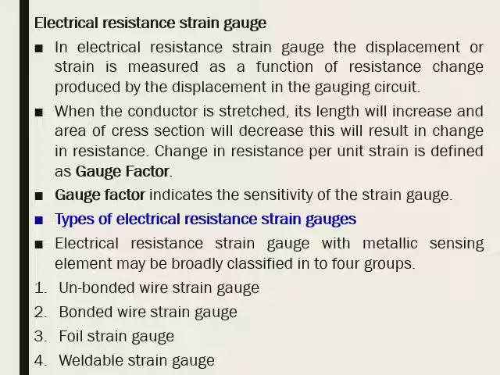Tensometers with electrical strain gauges have a great advantage over any other kind of tensometers. They provide distance reading practically at any distance from the object under test.